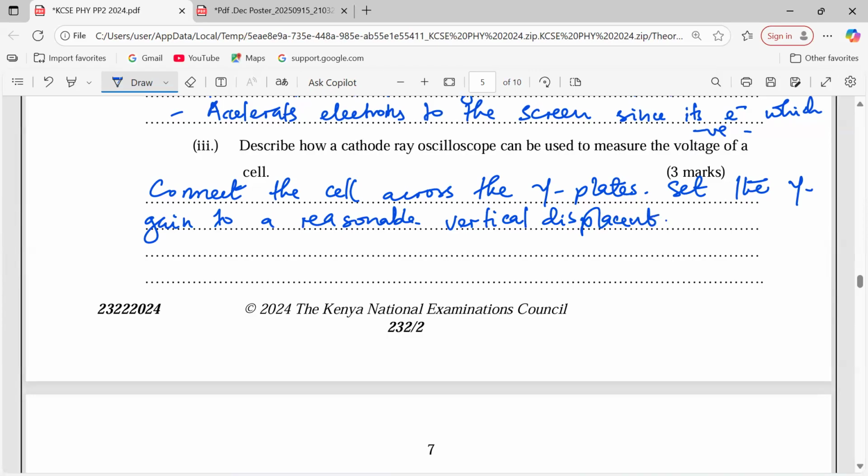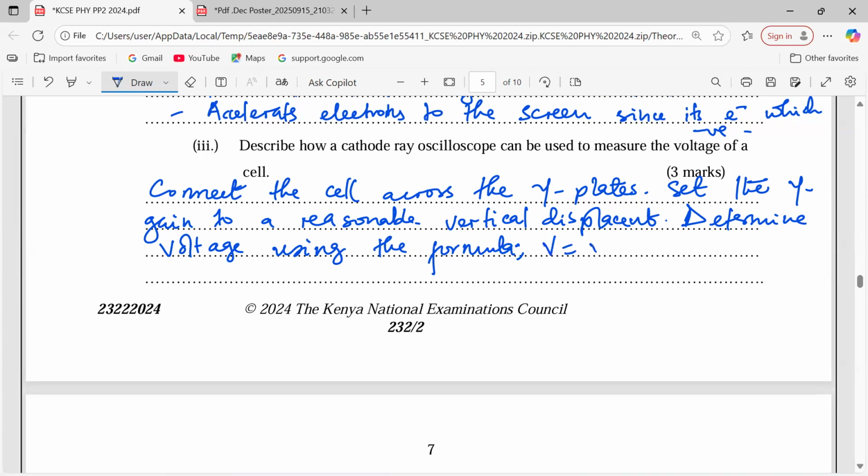Then once you complete the switch, you can now determine voltage using the formula: the Y gain setting, or rather the sensitivity, times the displacement.